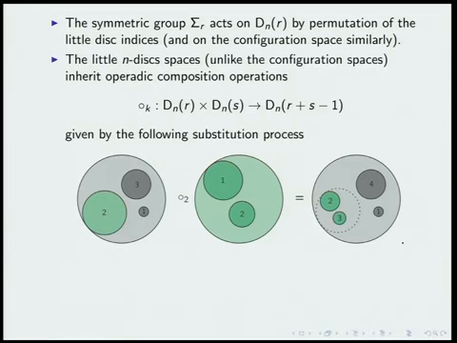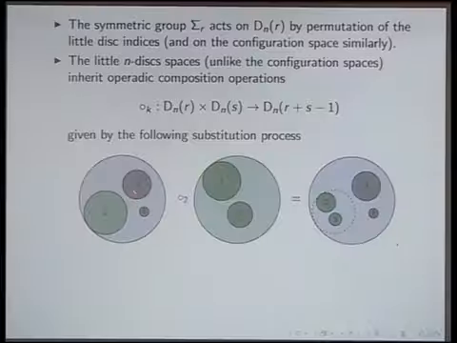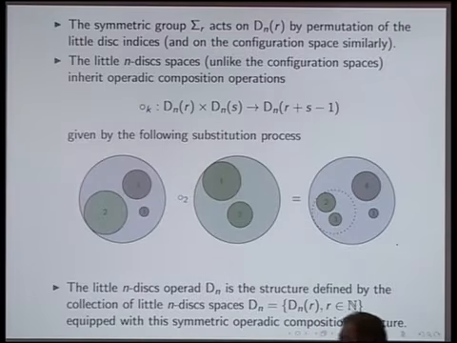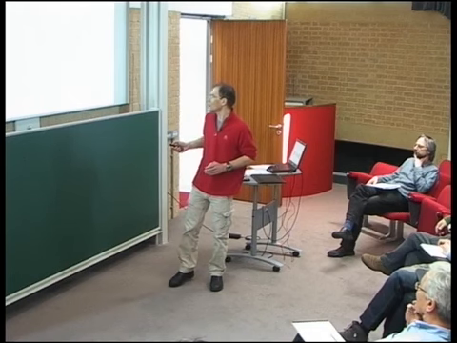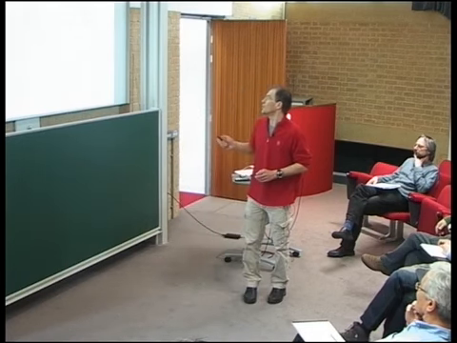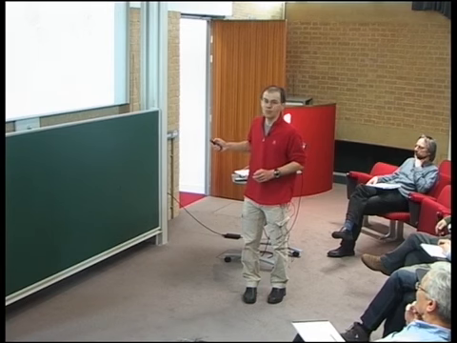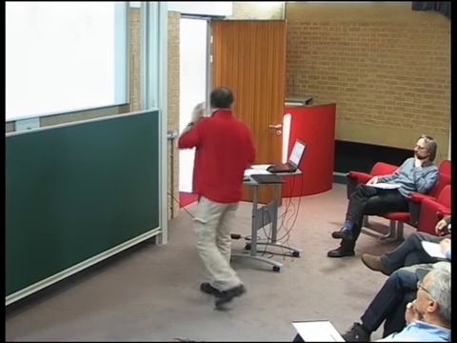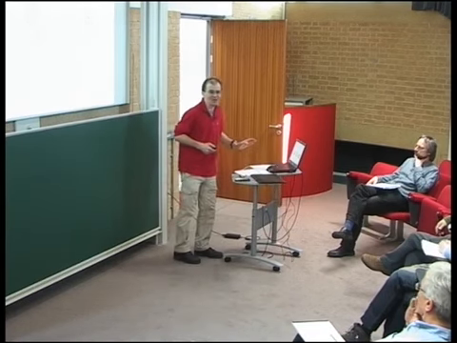So I get a configuration of 4 little disks. And of course, I have to renumber, to reindex: I have to shift the index of these little disks in order to get disks numbered from 1 to 4. The little disk operad is just a whole object defined by this collection of spaces, these symmetric structures, and these composition operations, which are defined for all r, s, and k. So this is one example of an operad.